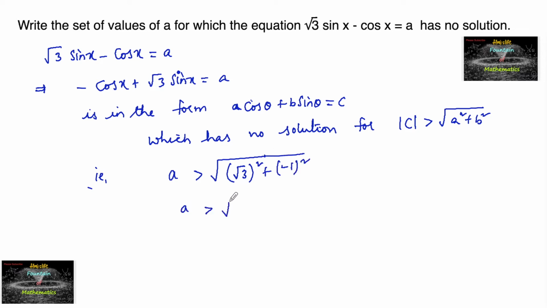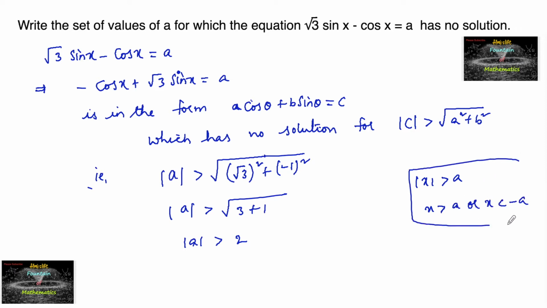So mod a is greater than root of 3 plus 1, so mod a is greater than root 4, that is 2. Using the formula that mod x greater than a means x is greater than a or x is less than minus a, we can write mod a greater than 2 means a is greater than 2 or a is less than minus 2. That is, a belongs to minus infinity comma minus 2 union 2 comma infinity.